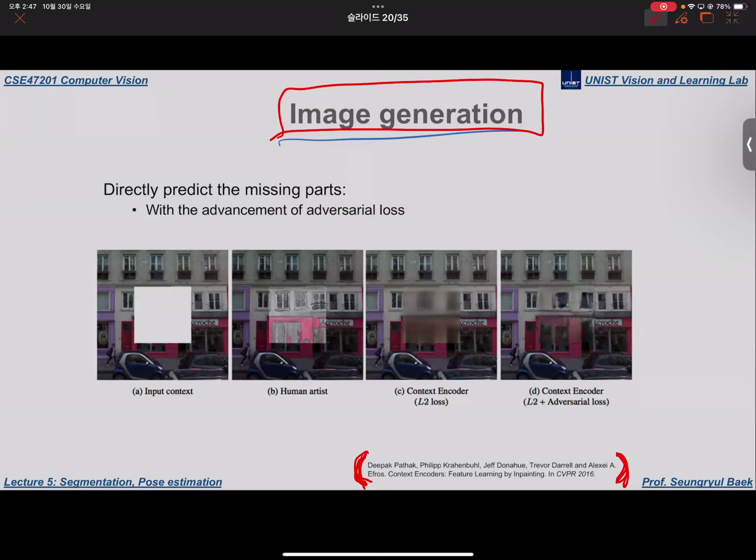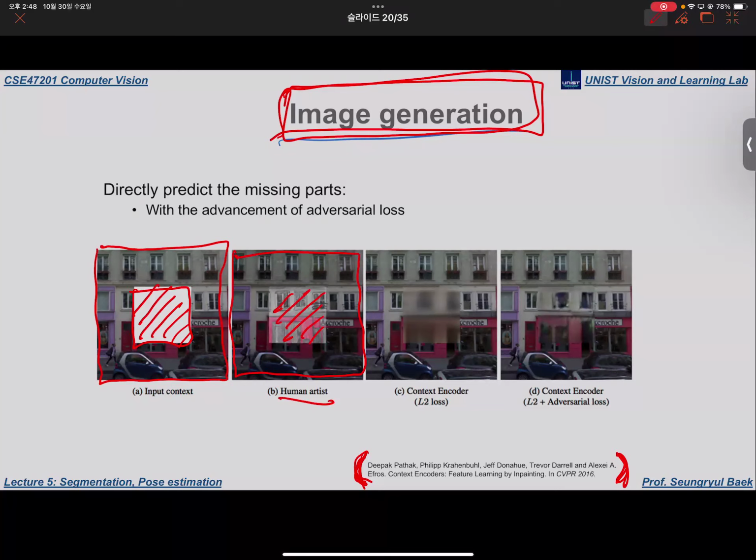In image generation, what they want to do is this: given some RGB input, you can on purpose delete the center region. And maybe this is the result where a human artist filled this blank.